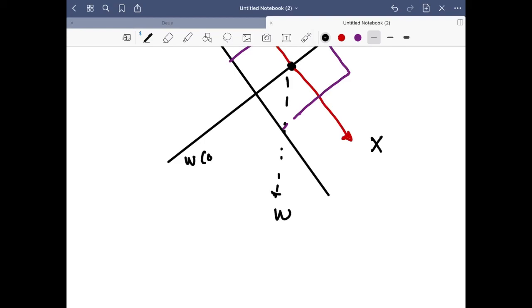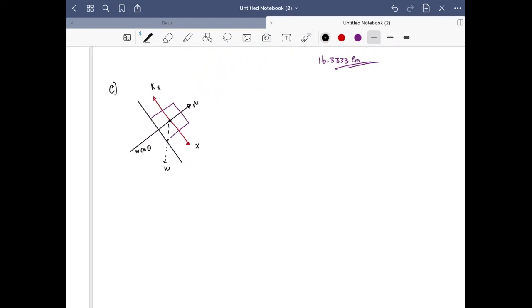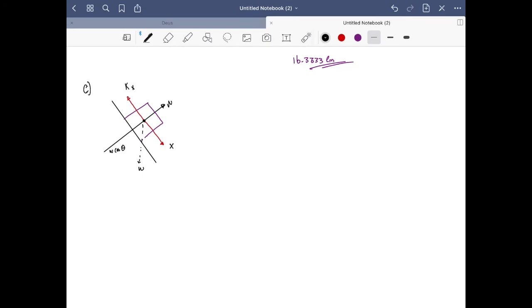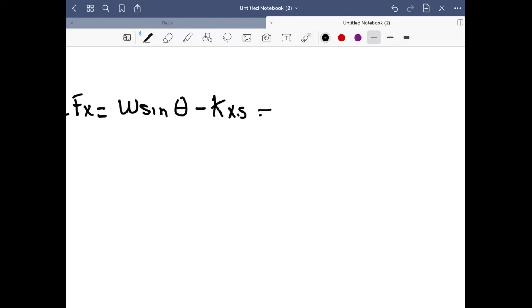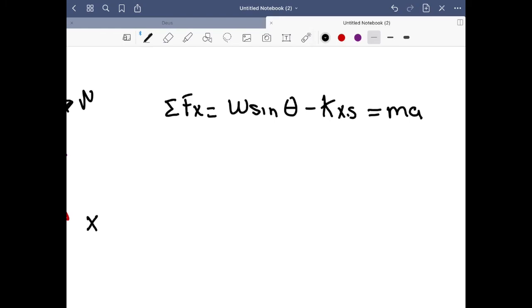And as we can see, we have two parallel forces applied to the box, and we also know that the sum of those forces is equal to the mass times acceleration. And now we mark the upside of the incline as positive and the downside of the incline as negative.